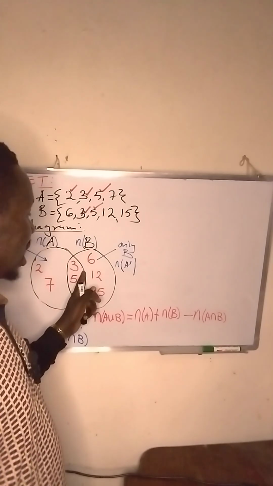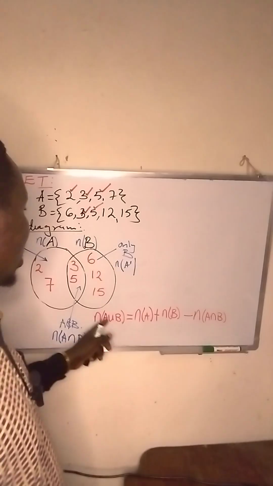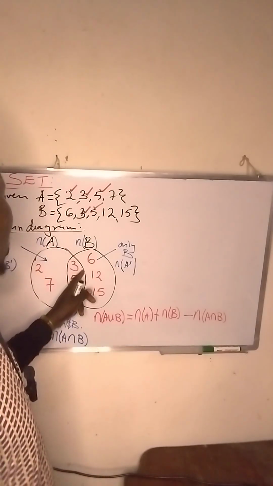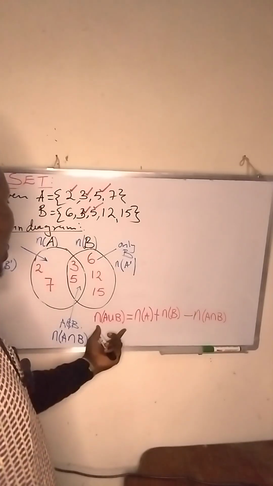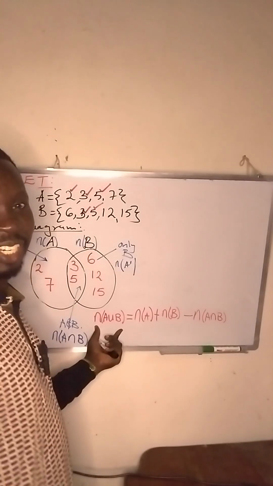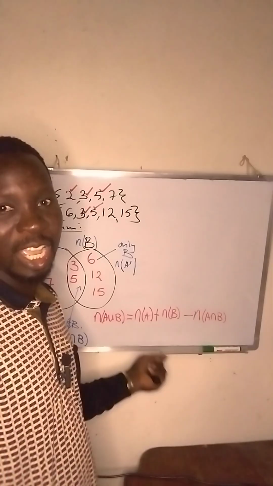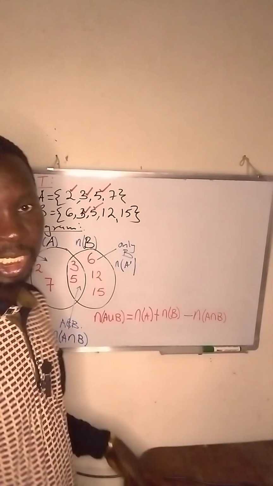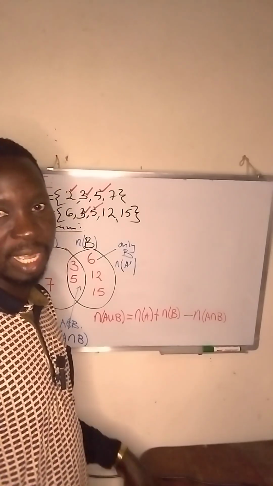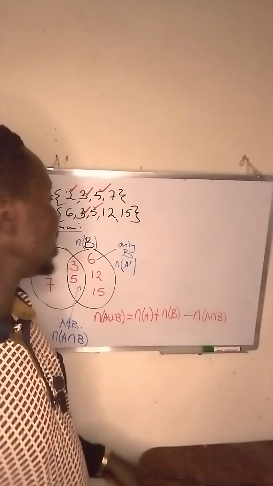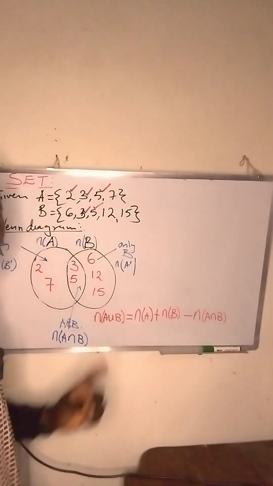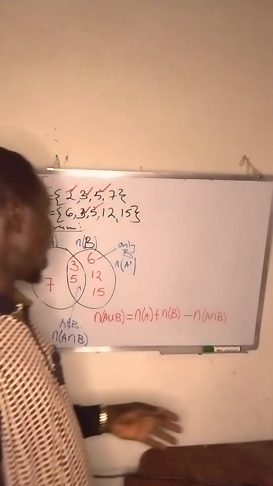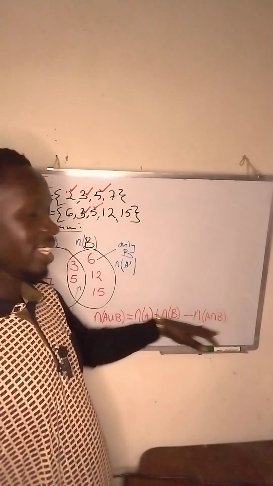So you subtract the members here to come up with the members in the union set. All universal elements, we don't repeat the intersection numbers. The elements in the intersection are always written once in the union set. That's why we have subtracted this.